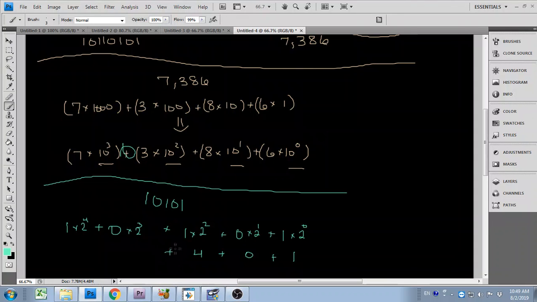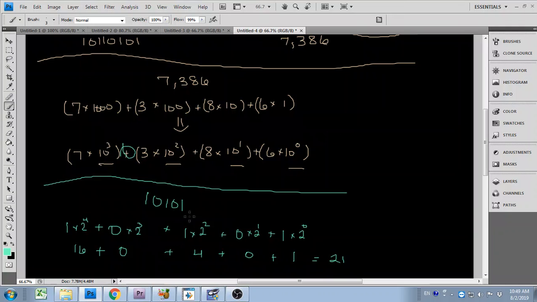Plus 2 to the third is 8, but 0 times 8 is 0. And 2 to the fourth is 16, and 1 times 16 is 16. So now let's add this up. 16 plus 0 plus 4 is 20, plus 1 is 21.